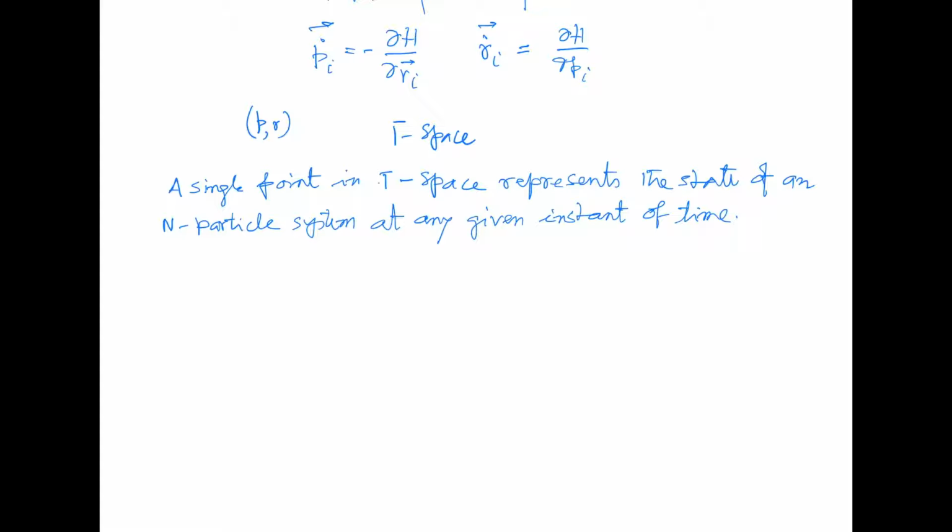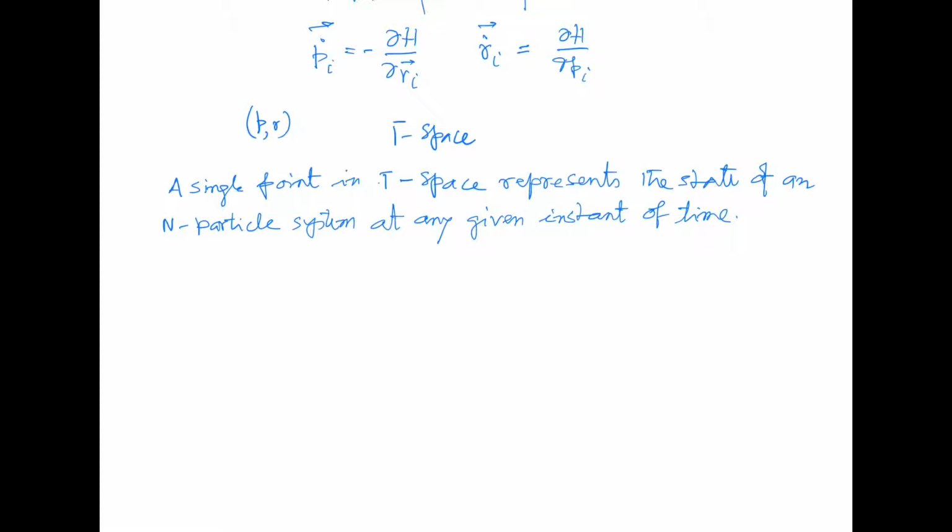This is so because a single point in this 6N dimensional space will give 6N values, 3N coordinates and 3N momenta, and these will correspond to the system having capital N particles.